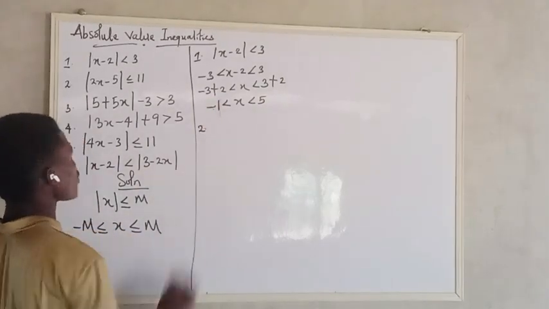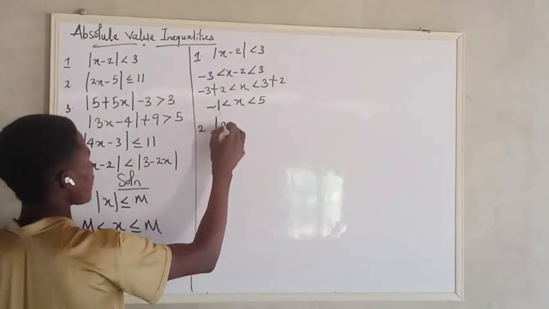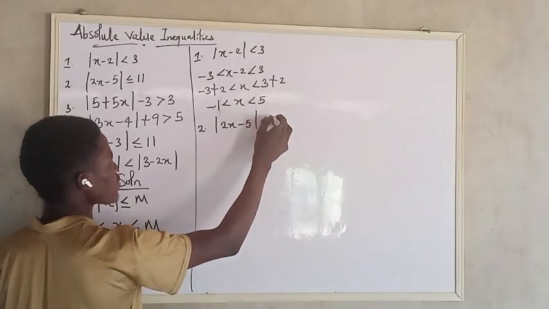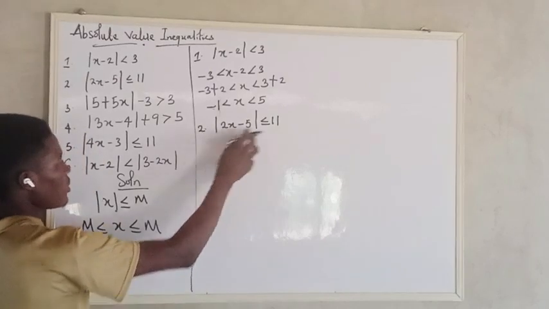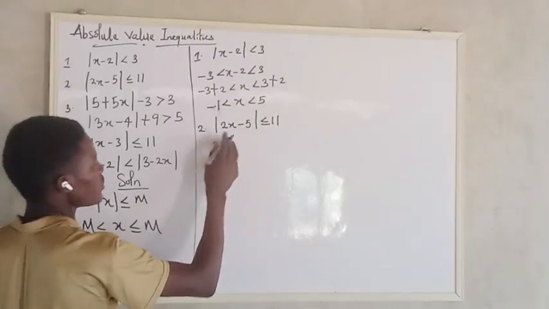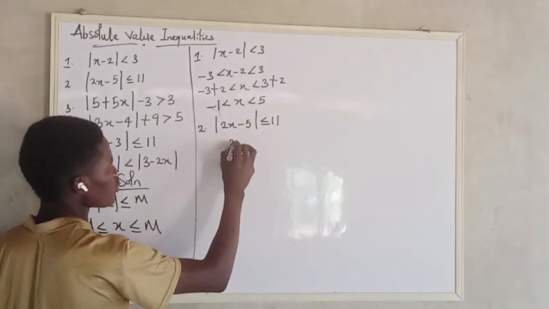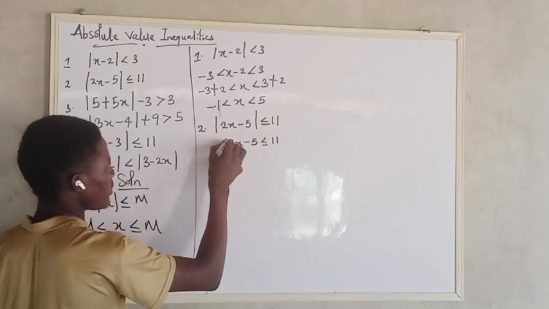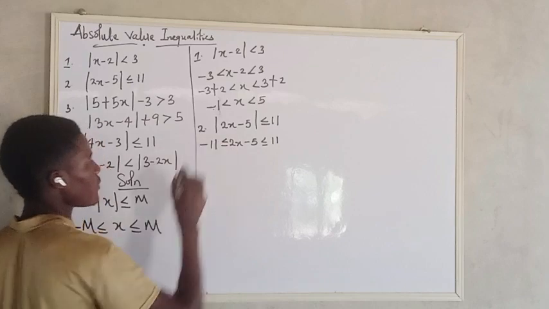Then question 2, we have the absolute value of 2x minus 5 less than or equal to 11. So this will become minus 11 less than or equal to 2x minus 5 less than or equal to 11. Can you see now?